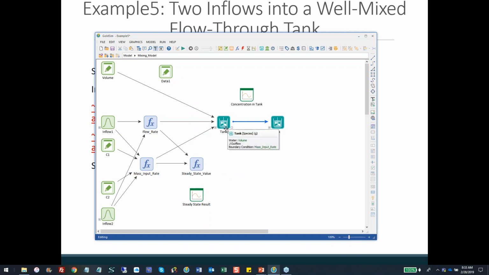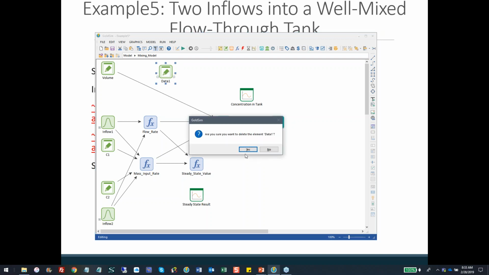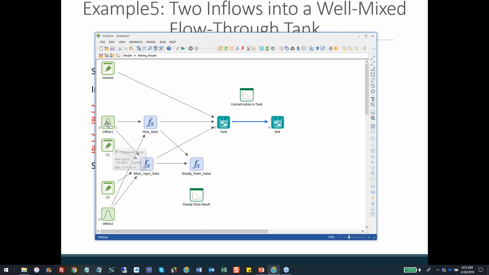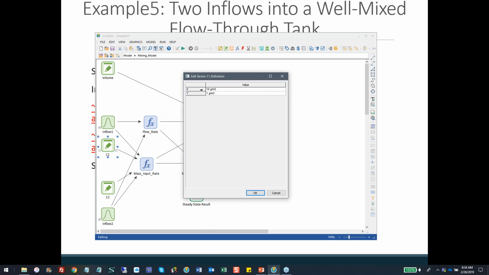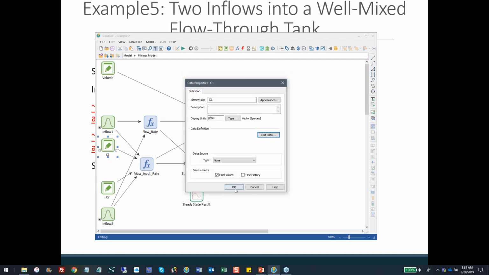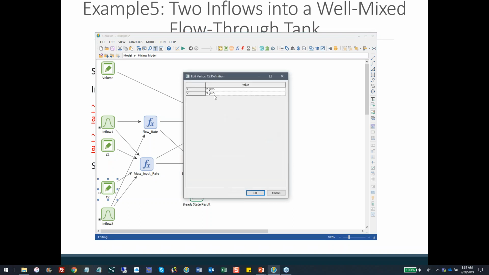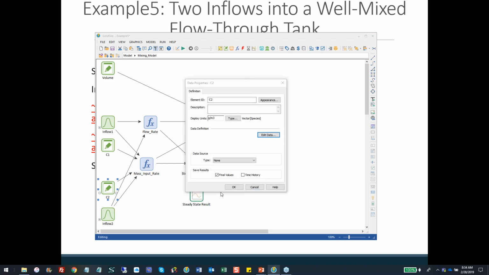Why is this important? Well, look what I've done here. This is my inflow. It's still just that stochastic, but my concentration is a vector of species. I said my concentration is 10 for X and 1 for Y in the first stream, and it's 2 for X and 3 for Y in the second stream.